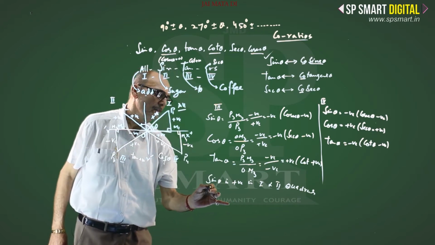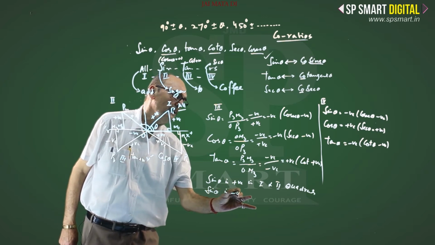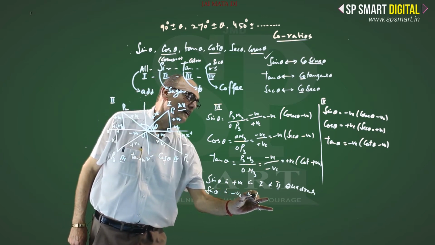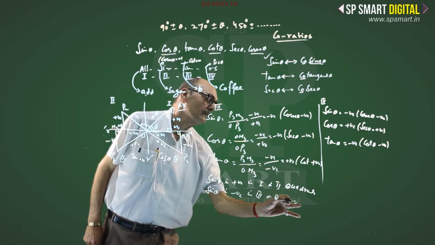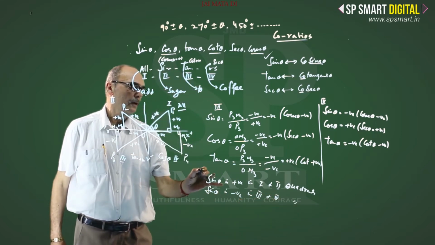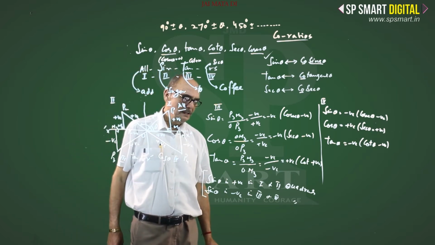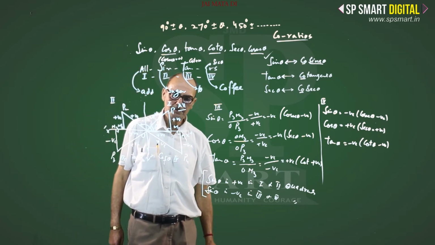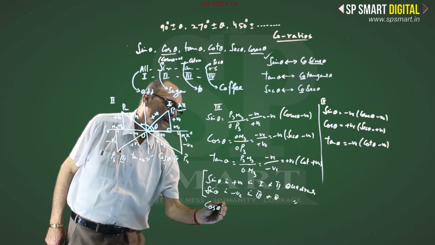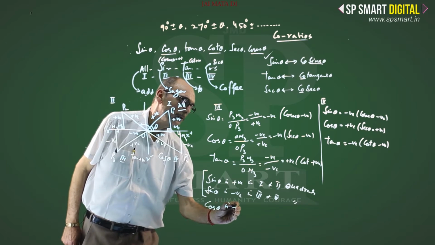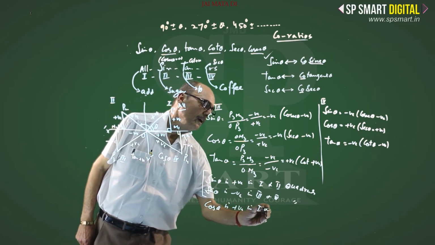And sin theta is negative in third and fourth quadrants. In other words, every trigonometric ratio is positive in two quadrants. Cos of theta is positive in first and fourth.